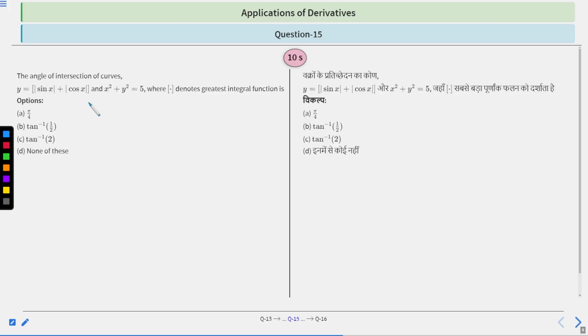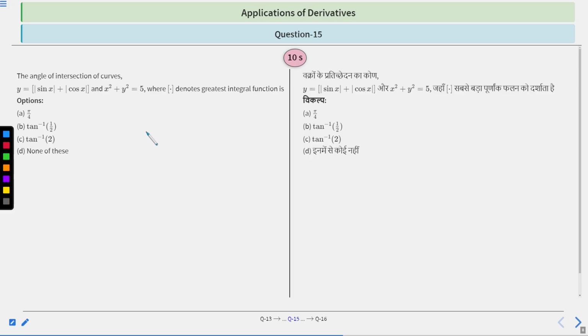The angle of intersection of these curves. So one curve is y equal to the greatest integer function of this, which is pi by 2. And one curve is x square plus y square equal to 5. Clear? So we will find the slope of this curve and the slope of this curve. The angle of intersection of both the curves will be given by their slopes, right?